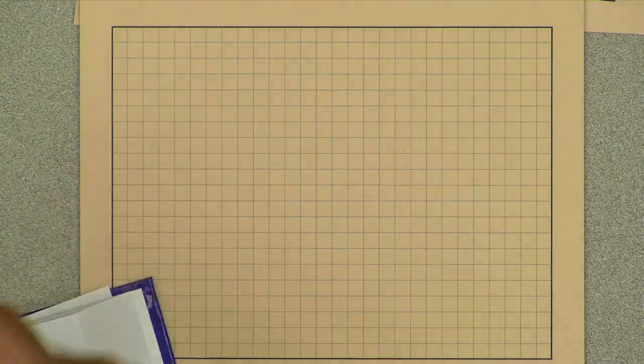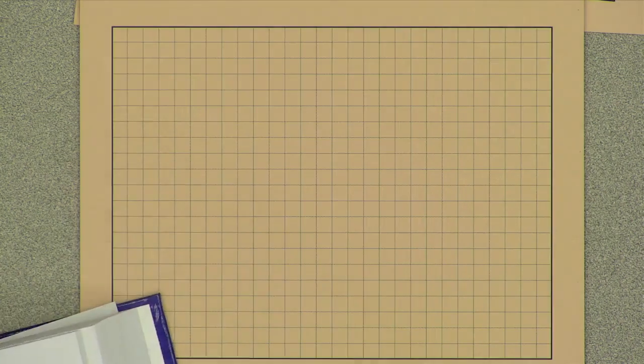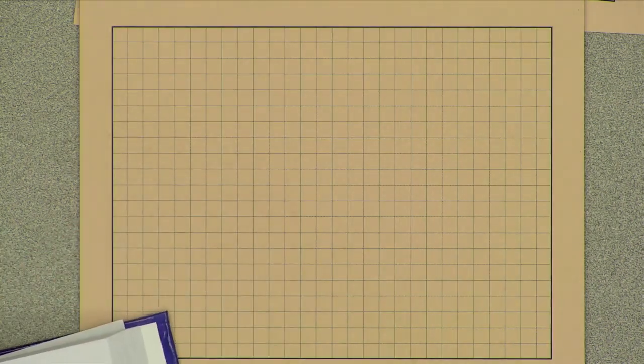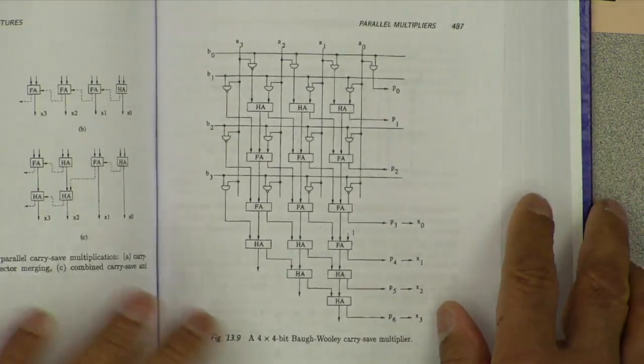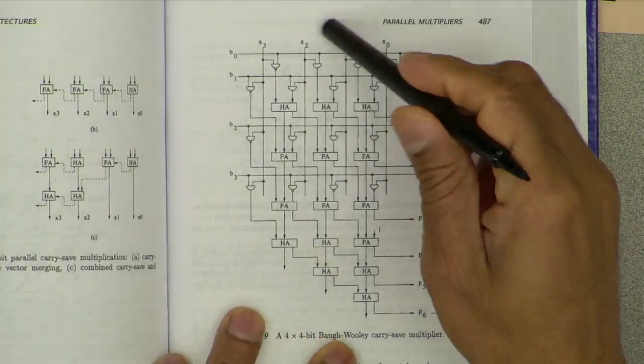about what exactly we mean by charging capacitance and total capacitance. Okay, let me come back to that multiplier, the detailed circuit of the multiplier.